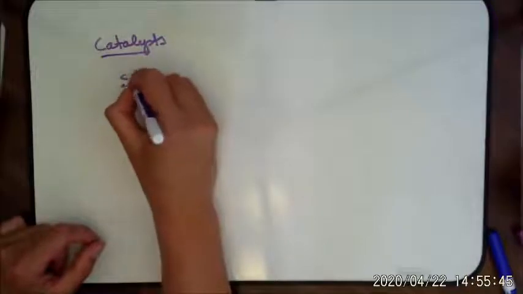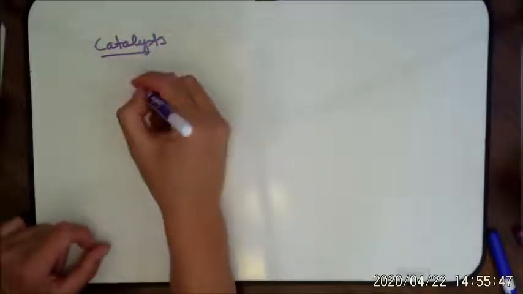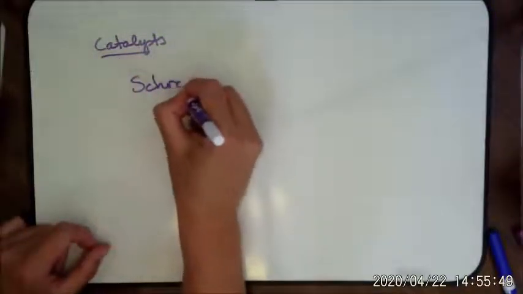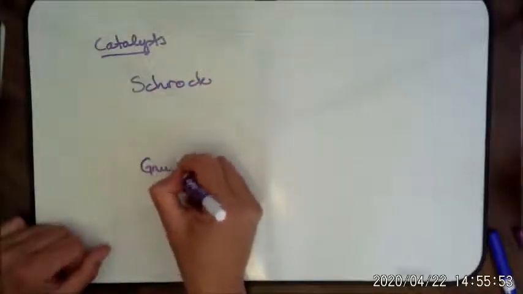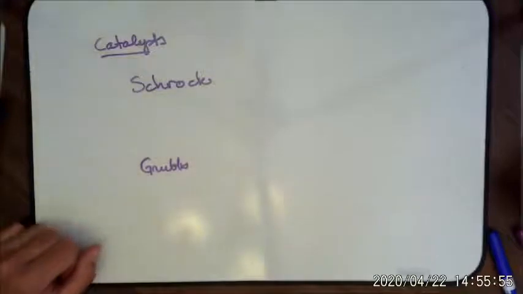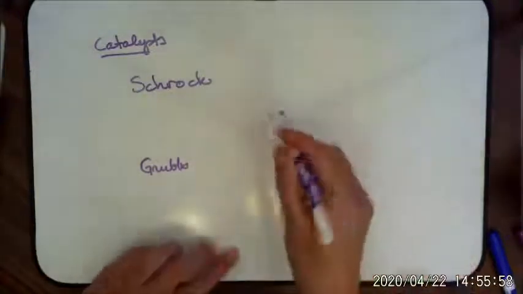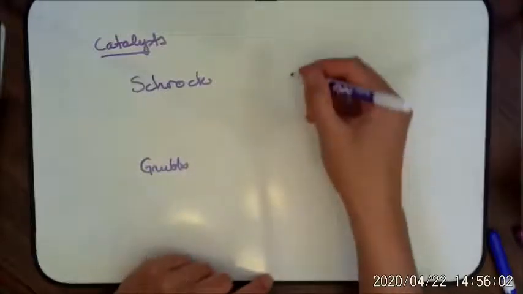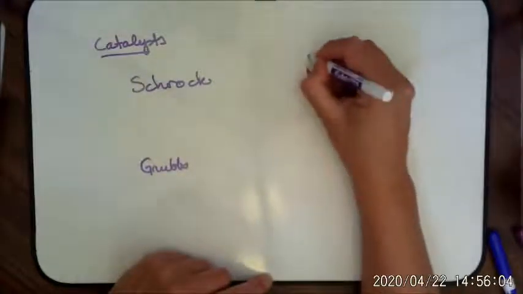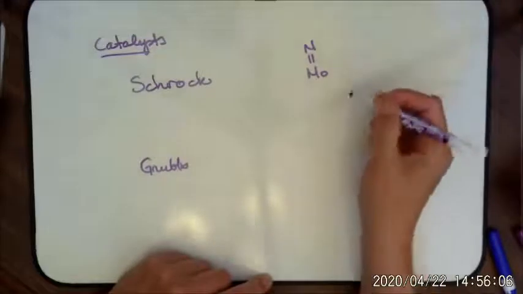You have the Schrock. Oh, I can't even spell Schrock's name. Okay, we have Grubbs. Robert Grubbs, he's retired now. So Schrock has molybdenum. Let me give you... Oh, I'll go ahead and show you.